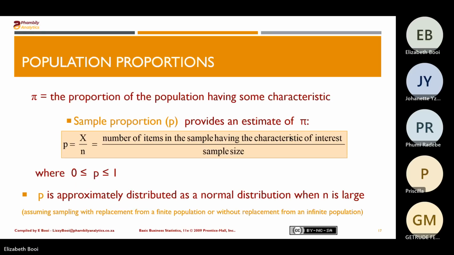So not only do we do the sampling distribution for the mean, but we also do the sampling distribution for the proportion, which is another term that we are now introducing into the mix. The proportion is denoted by pi, and pi represents the population proportion, which they will give to you.